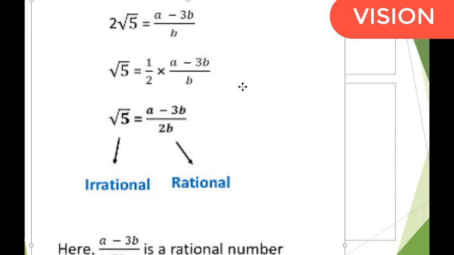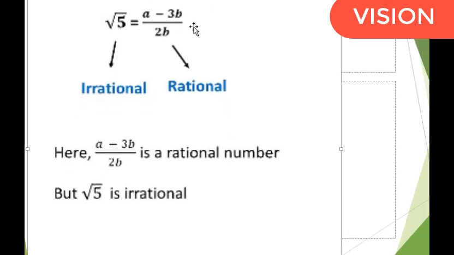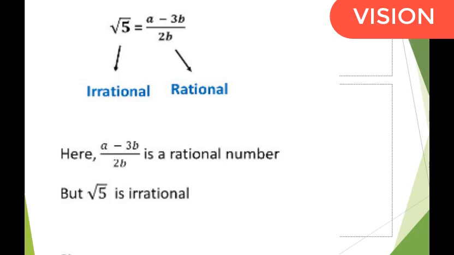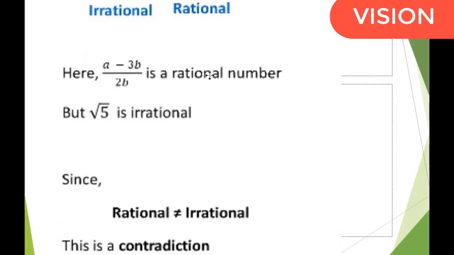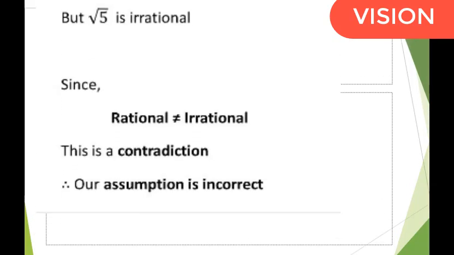Finally, we jump to the seventh step, because here itself we have root 5. In the previous case we had the 5, now we have root 5 itself. We know root 5 is irrational, so we directly come to the seventh step, the contradiction step. Root 5 is irrational and on the RHS we have a rational number. So this is a contradiction.